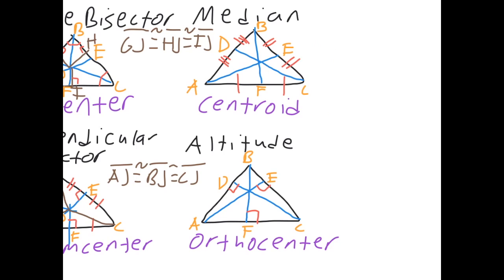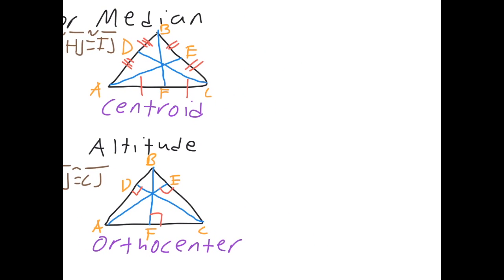So I'll move this over so we can get a little bit more room. So the centroid is a little bit different than the other two that we talked about. The centroid actually talks about the measures of the medians. So again, let's just call our center J. And the rule is that the part of the line segment that goes from the vertex and then stops at the centroid is equal to 2/3 of the whole thing.